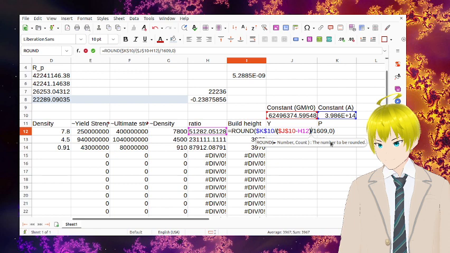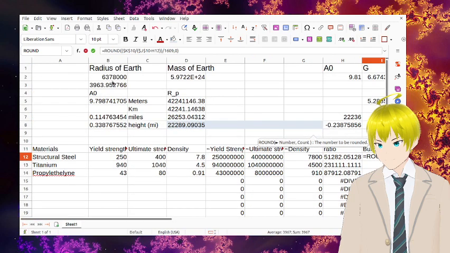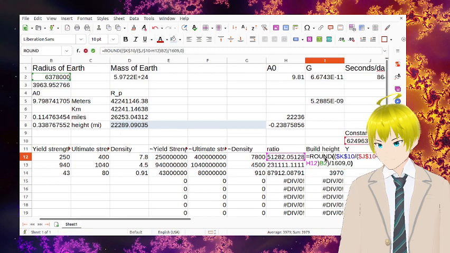So as I suspected, the height that you can build is much lower than thousands of miles. It's going to be like meters. What did I mess up? Somehow I plugged it in wrong. Minus this.